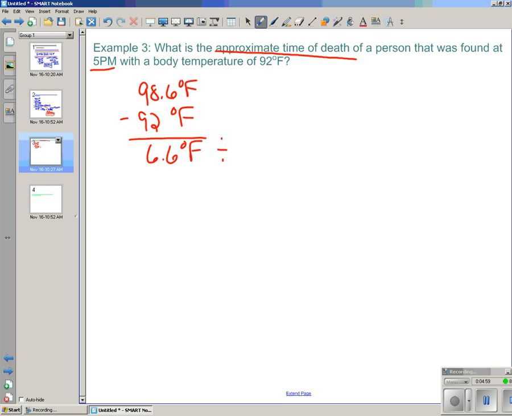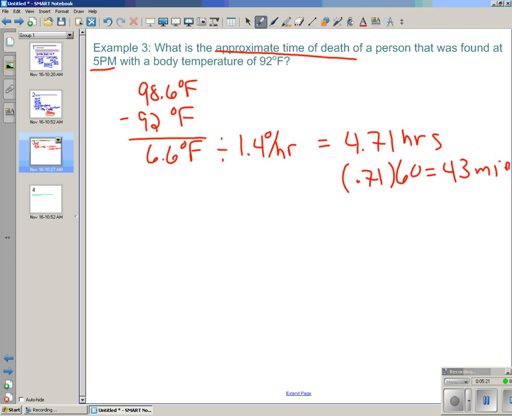Because it's less than 16.8, we divide that 6.6 by 1.4 degrees per hour, and that's going to give us 4.71 hours. So then we take the 0.71 times 60, and that's going to equal 43 minutes. So we get 4 hours and 43 minutes, but we're not done.